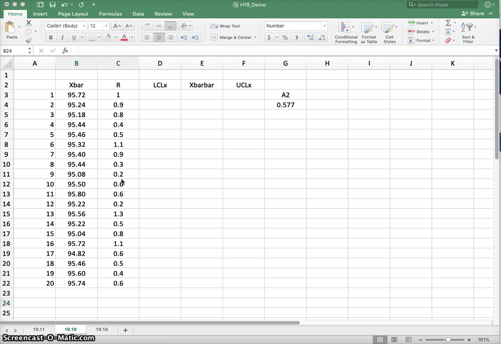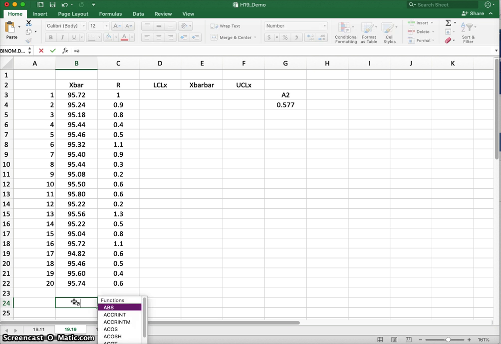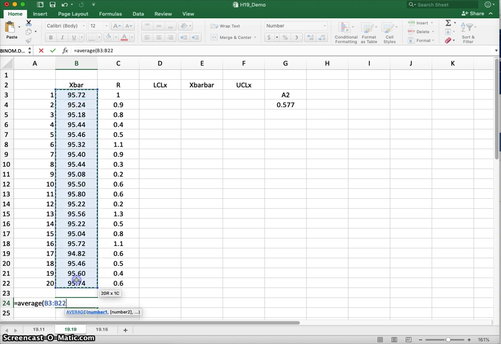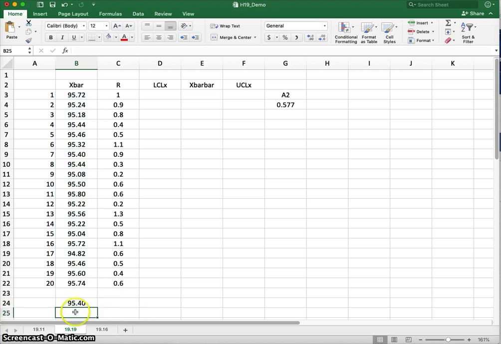That's the whole point. So the first thing we're going to do is take the average of the X bar. We call that X bar bar. So I'm just going to take the average sample mean, and the average sample mean is 95.4 degrees.